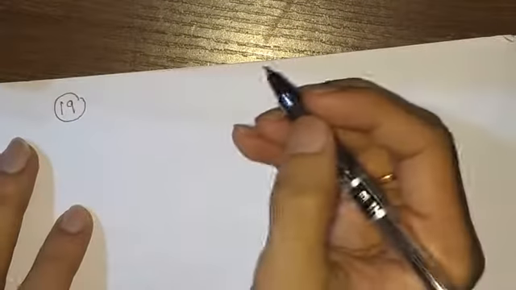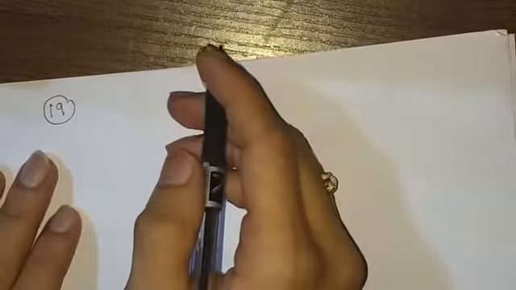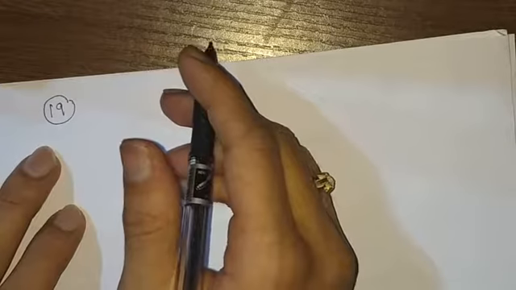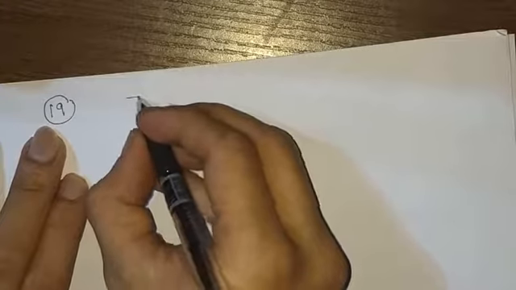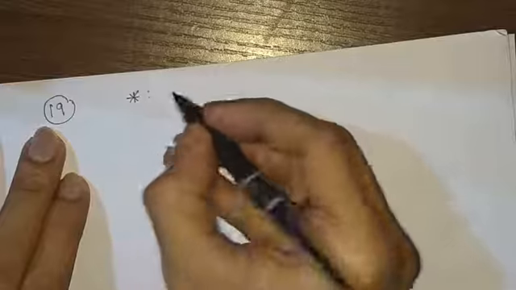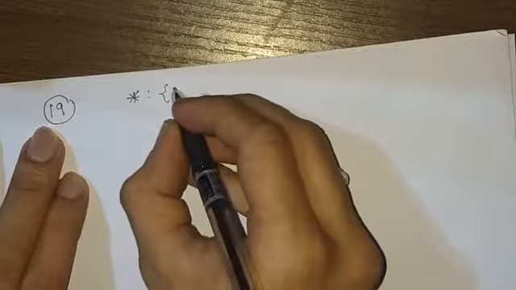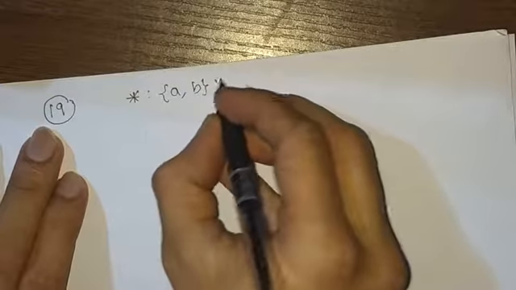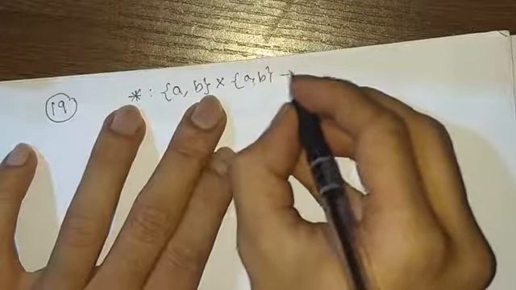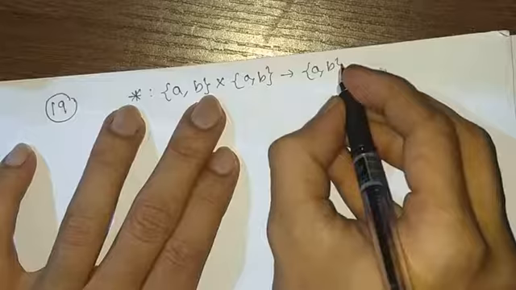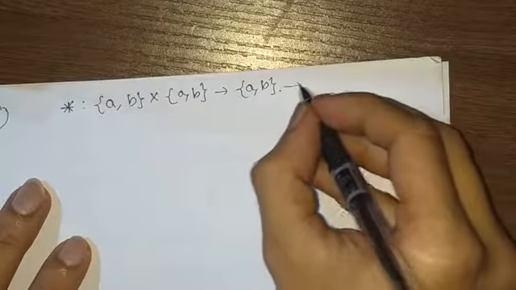So let us see how to solve. This is an MCQ. Now what do you mean by a binary operation on the set a comma b? So binary operation means this: star from a cross a comma b cross a comma b to the set a comma b. This is a binary operation.